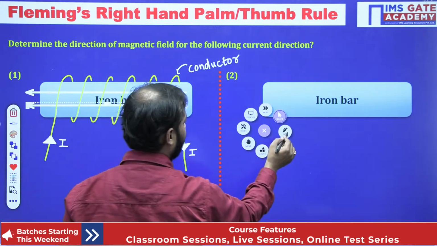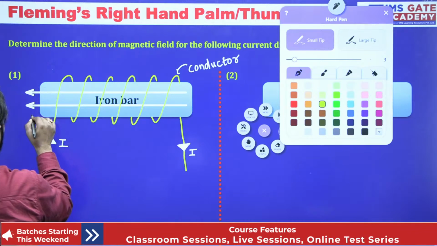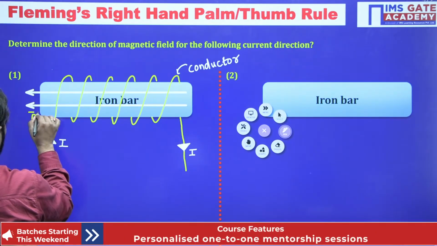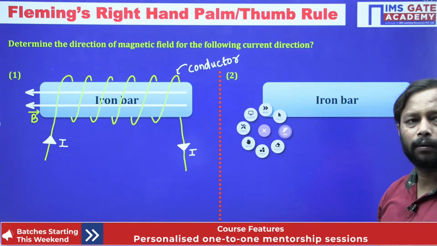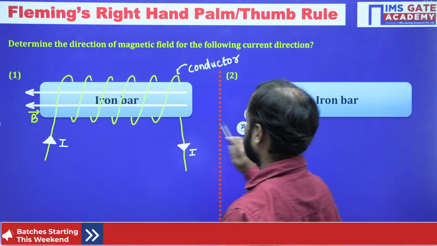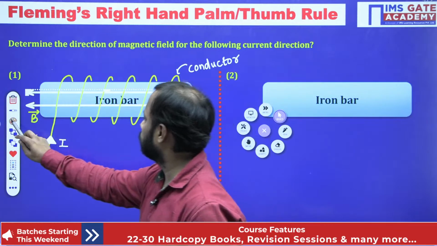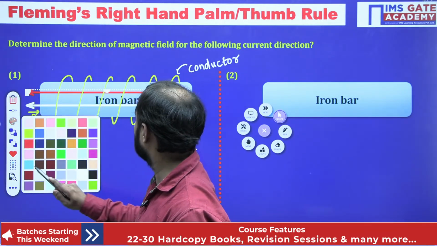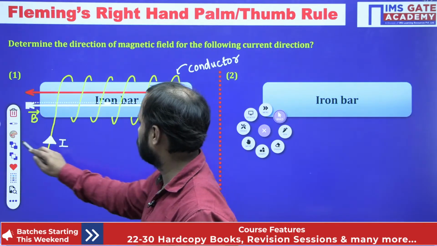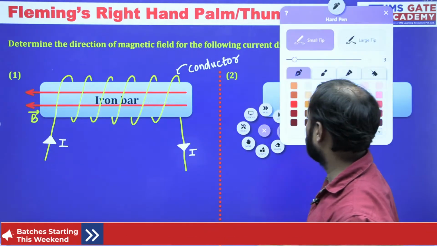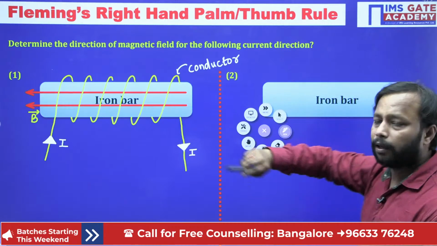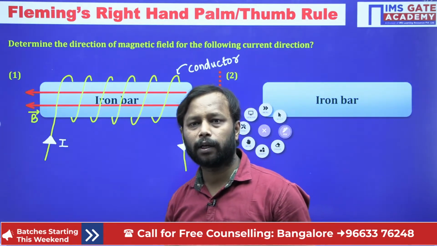So this is the direction of magnetic field. I hope this is visible. Let me change the color. Done. So in this way, you are going to find the direction of the magnetic field.